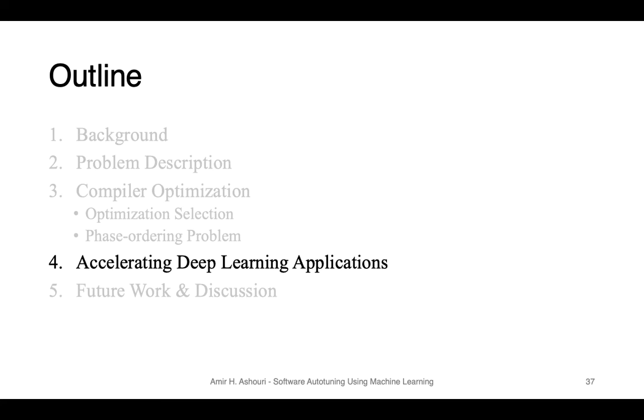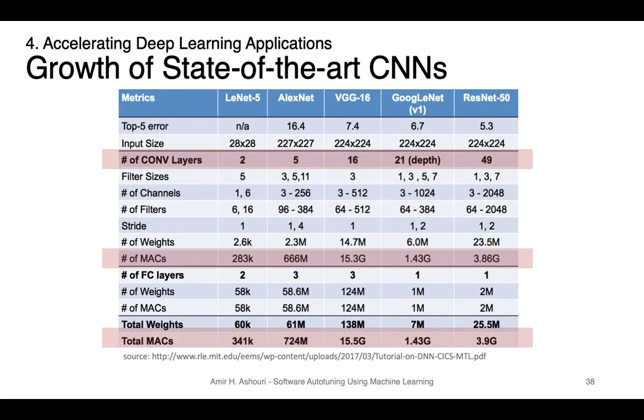So as you see, the growth in the number of parameters, the number of convolutions, and the number of operations we need to compute state-of-the-art CNNs, or convolutional neural networks, starting from LeNet 5, which was introduced in '98, up to, for instance, ResNet 50, which was proposed in 2015.